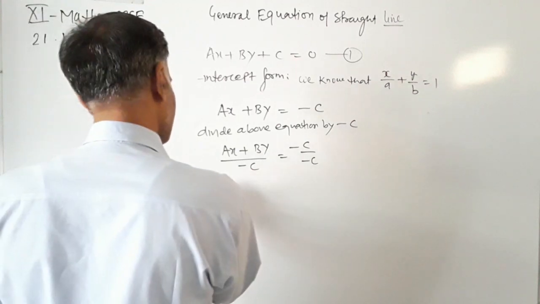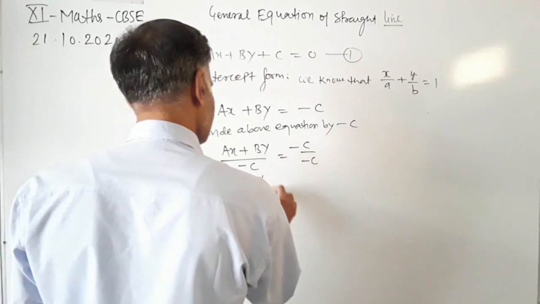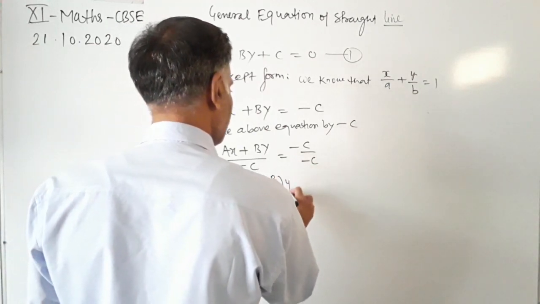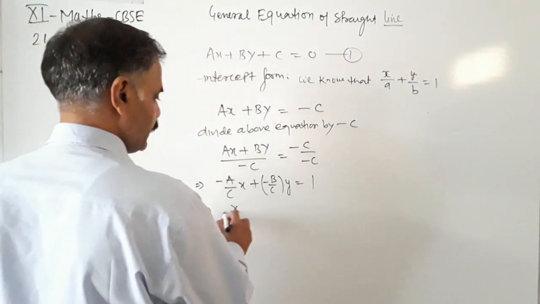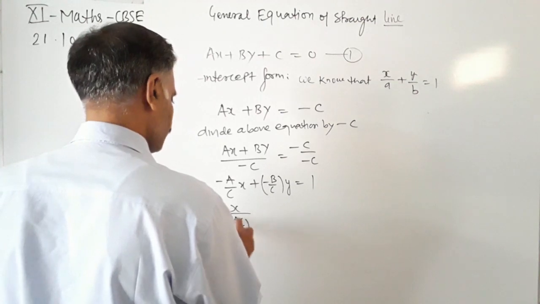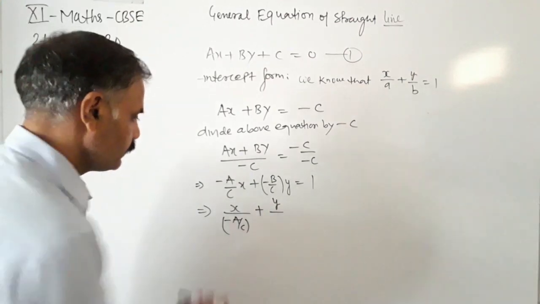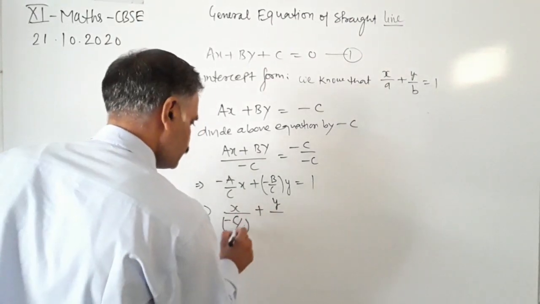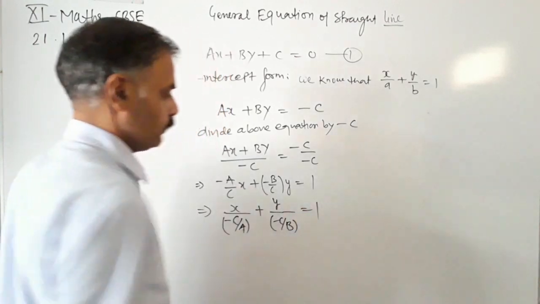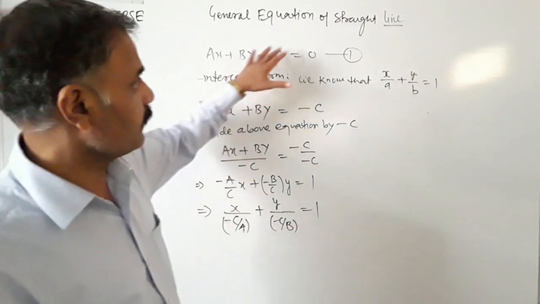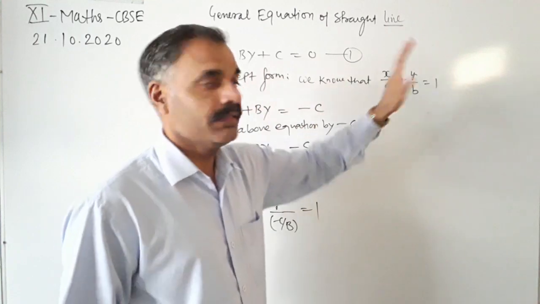This can be written as x upon minus c upon a plus y upon minus c upon b equals 1. So we have converted the general equation of the line into intercept form.